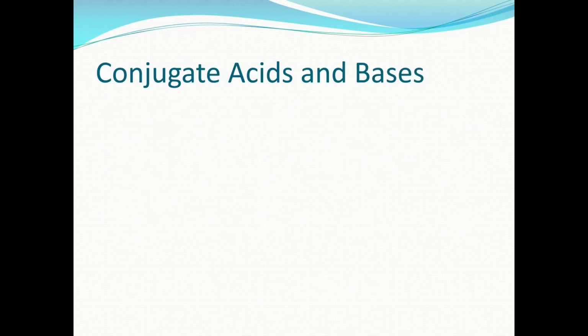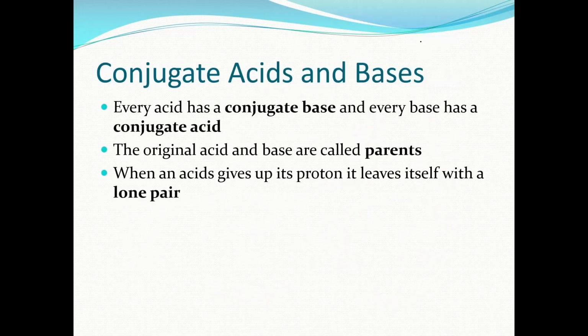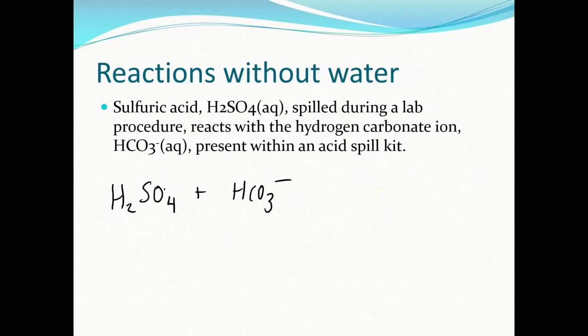I said to be a base, you either have to have nitrogen, water, or a negative charge. So if we look at this example, no nitrogen, no water, ooh, but this has a negative charge. So this guy can act as a base. This one can accept only one hydrogen at a time. This can accept that hydrogen there, so this is going to be our acid.